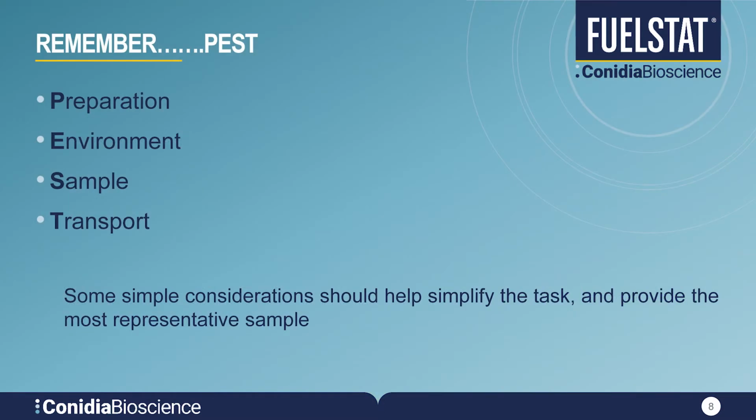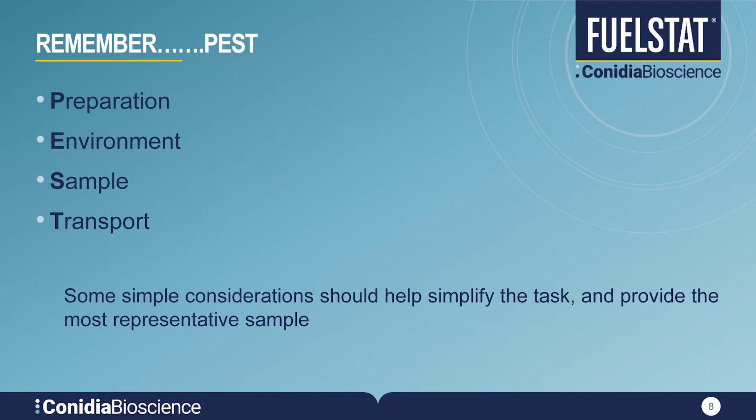When taking a sample, remember the acronym PEST. Preparation is key to obtaining a good and most representative fuel sample. Environment. Minimize external factors that could pose a cross-contamination risk. Sample.